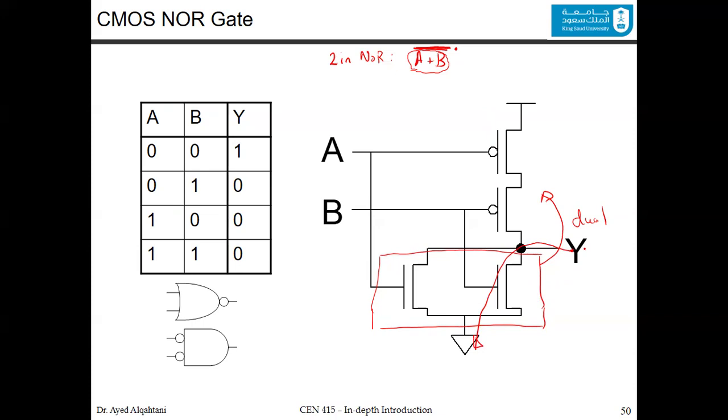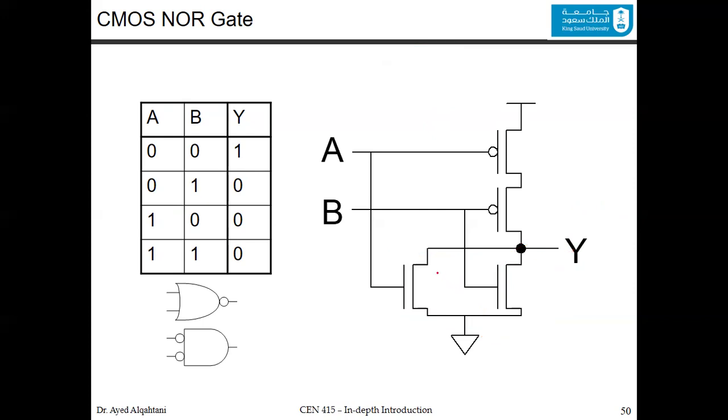And since you are looking at the output when it is connected to 0, and you are building your network in the pull-down first, you need to make sure of the bar on top of your function. So if you have an all bar, take whatever is beneath the all bar and build it in the pull-down network. If they have OR, you have parallel. If they are AND, then you have it in series.